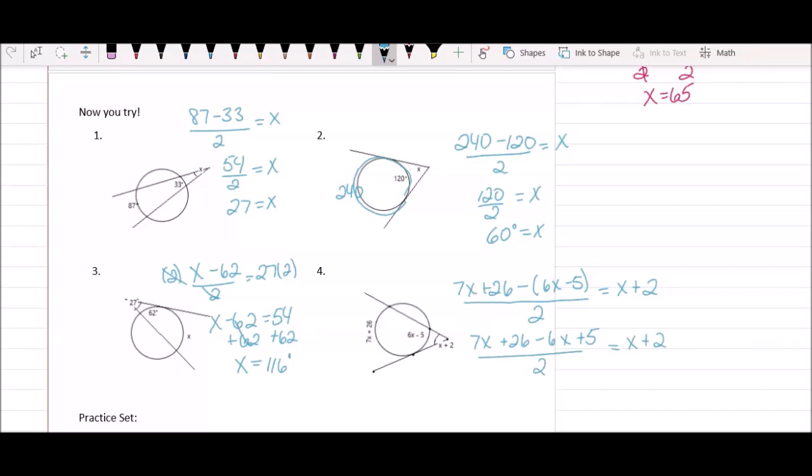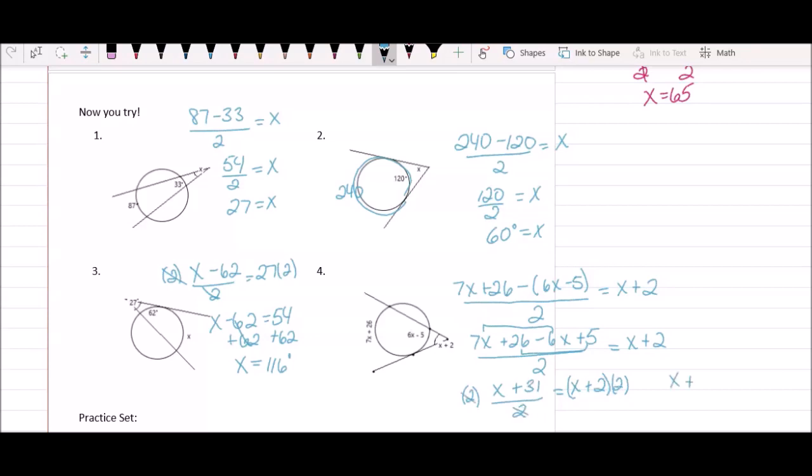So the numerator will be, if we combine x's here, 7 minus 6 is 1x, 26 plus 5 is 31, over 2 equals x plus 2. Now I'm going to multiply by 2 on both sides. Now notice what I'm doing here, putting that x plus 2 in parentheses because we're going to have to distribute the 2.